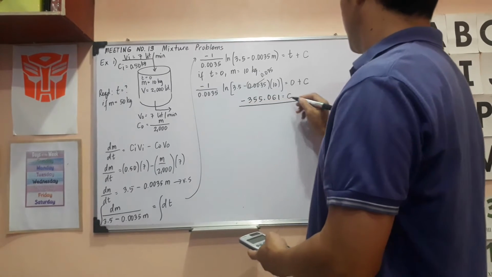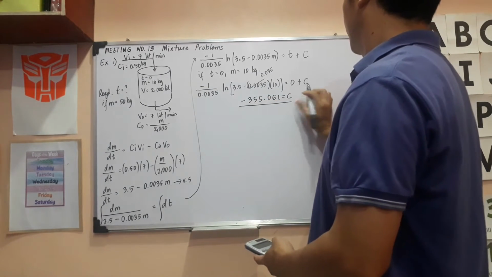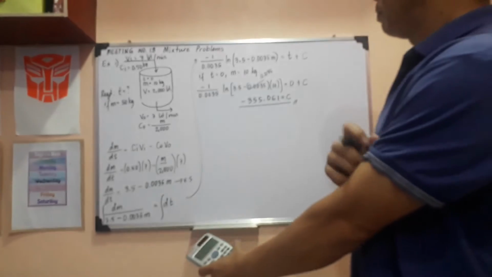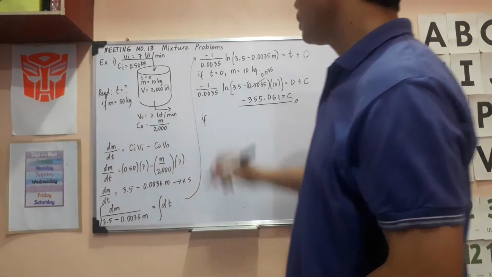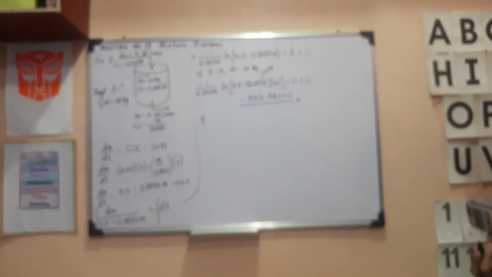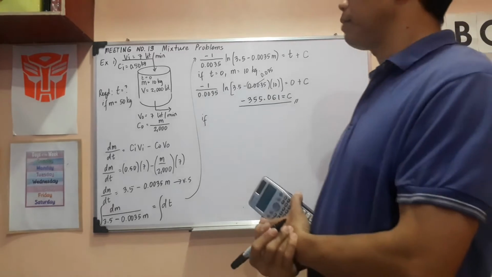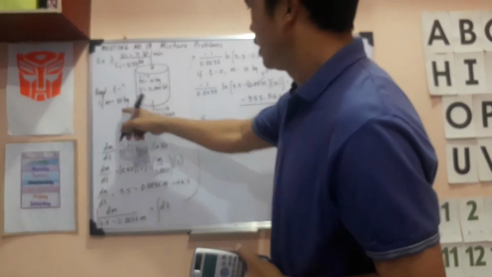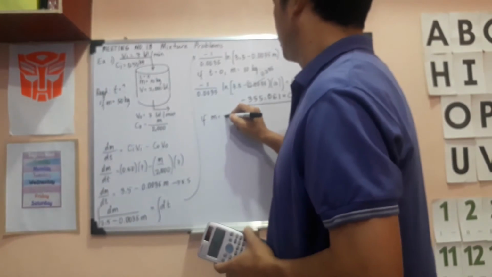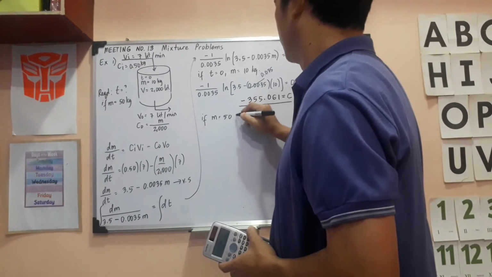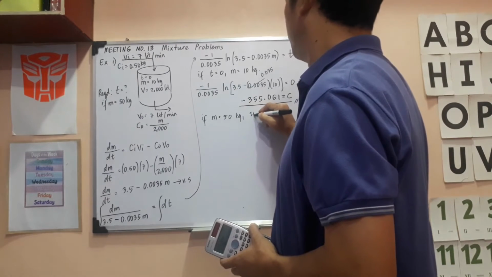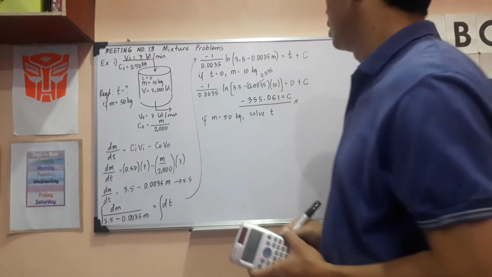Saan natin gagamitin yan? So, parang particular solution to, di ba? Solving for the C first. If the mass is equal to 50 kg, so solve for T now. How?